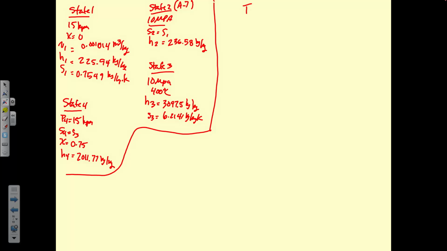So we can say that T7 over T8 is equal to P7 over P8 to the (k minus 1) over k. That allows us to find T8 is equal to 679.3 Kelvin. And this P7 over P8 is given to us in the problem as 16.